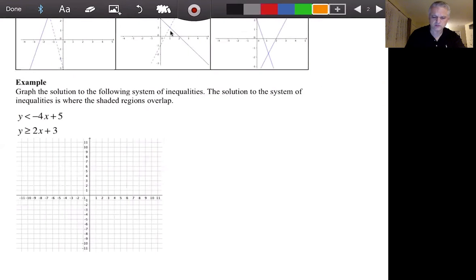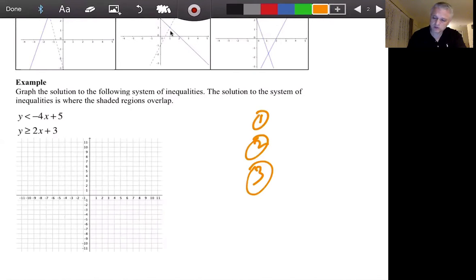Okay, let's look at the example down below. This time they want us to do a graph. Okay, no problem, let's do it. So let's do the graphing in 3 steps. Things that we need to know.